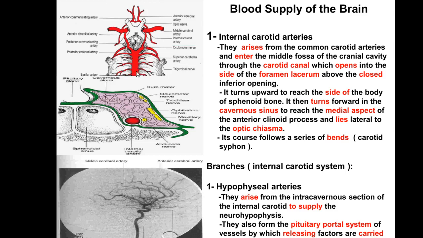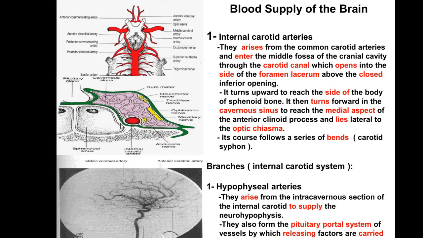Here you can see the basilar artery terminating at the upper border of the pons into two posterior cerebral arteries. The posterior cerebral arteries are connected with the internal carotid artery through the posterior communicating branch.